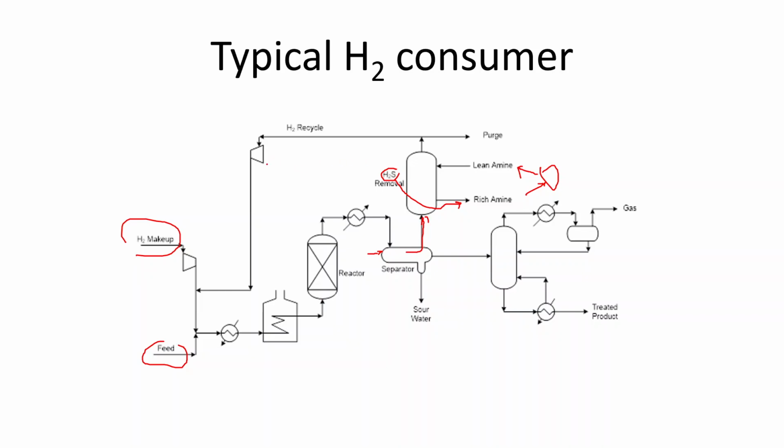So this compressor is used to make up for that pressure loss, in such a way that this pressure is about the same as that pressure, the make-up hydrogen pressure, and then it goes back here. Obviously, the hydrogen coming in should be the same as the hydrogen going out, plus the hydrogen required for the reaction.